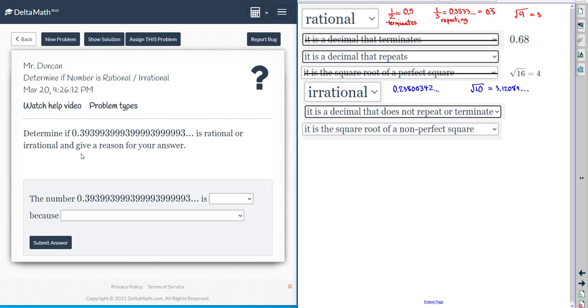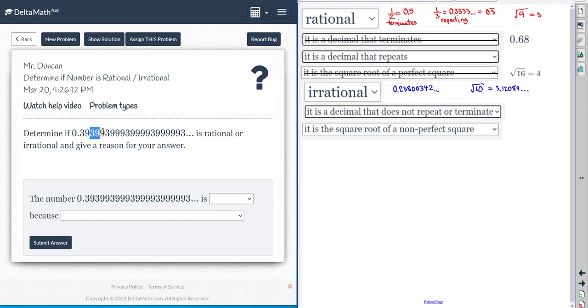Okay, determine if, again, look at the decimal, see the dot, dot, dot. If this is going to be rational, it's going to repeat. It's going to have something that repeats over and over and over. Or if it has the dot, dot, dot, and it doesn't repeat, it's irrational. So let's take a look. We have 39, and then we have 399. Wait a second, so there's 39, but then we would expect, if it was going to be the 39 repeating, it'd be 3939, but it's not.